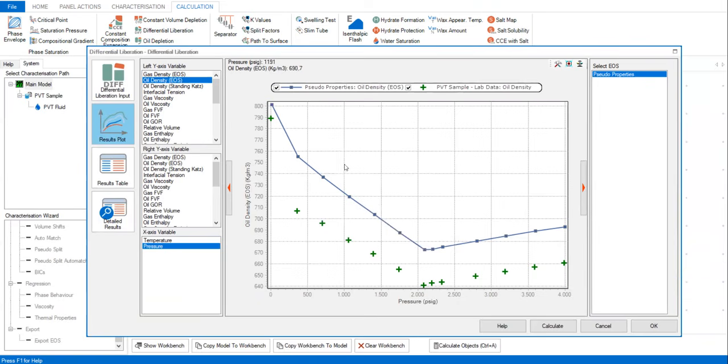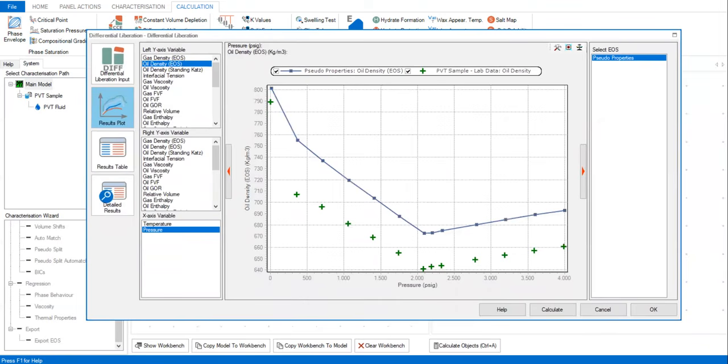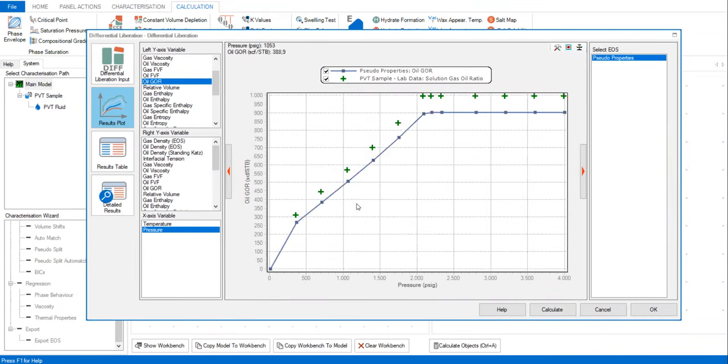So we need to improve the match for the oil density. We need to significantly improve the quality of the match. All right, this is for the oil density. And we need to check as well the other data that we have. So let's go to oil GOR. Okay, also we need to improve the match. We can follow the general trend, but the results for the exact values are not very good.